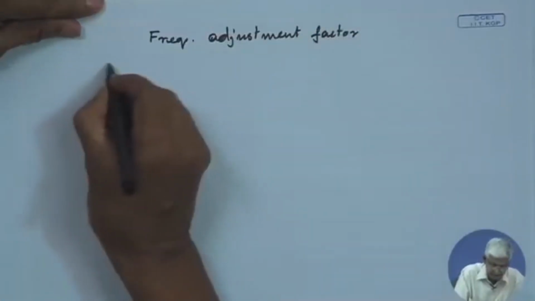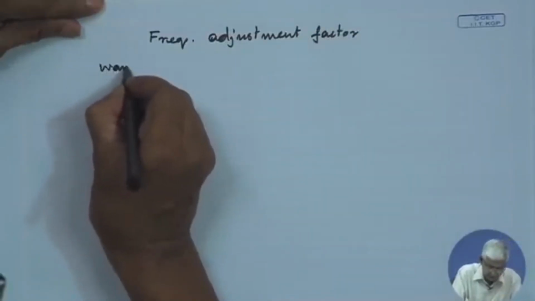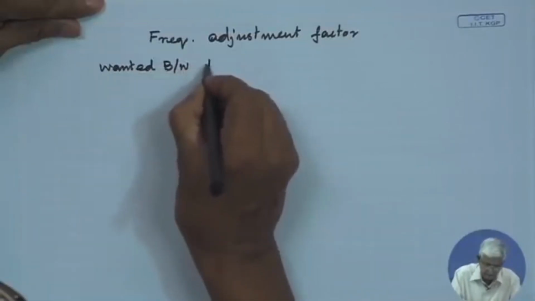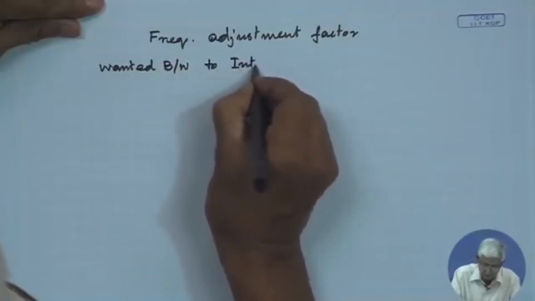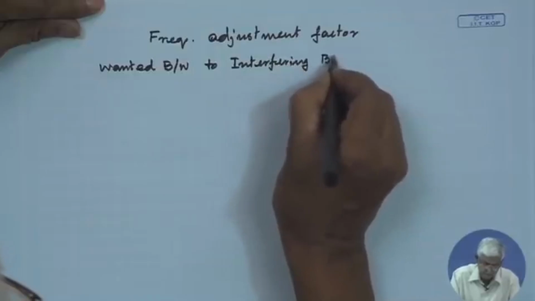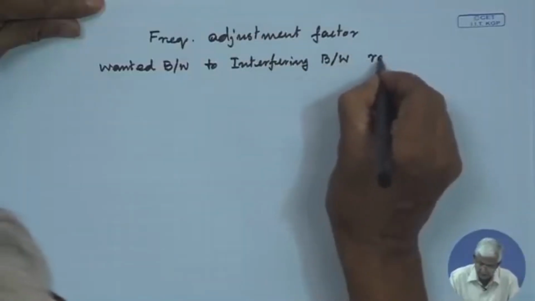That is nothing but the wanted bandwidth to interfering bandwidth, it is a ratio adjustment.